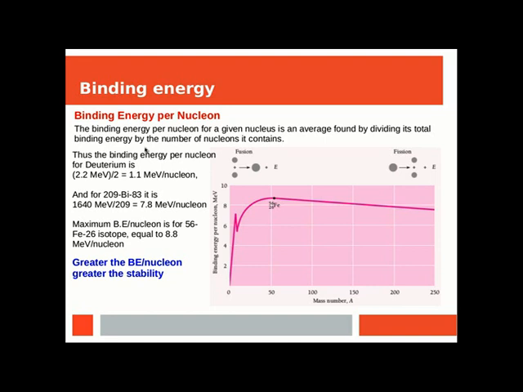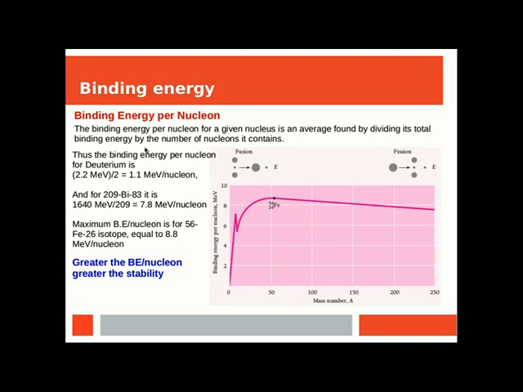Binding energy per nucleon. You know, binding energy is responsible for the stability of the nucleus, but binding energy is not the accurate measure of stability, because if there are two nuclei of the same binding energy and one of them is smaller and the other one is larger, the same binding energy will be able to provide greater stability to the smaller nucleus than the bigger one.